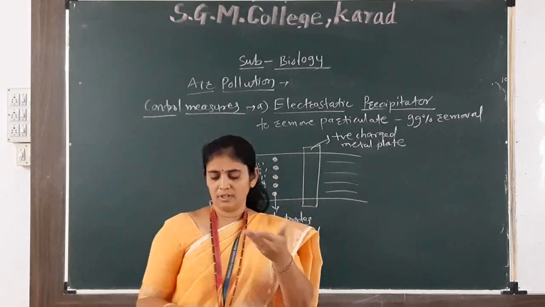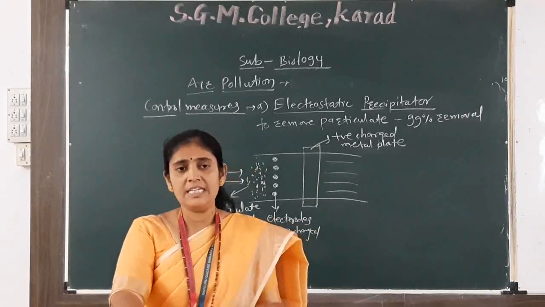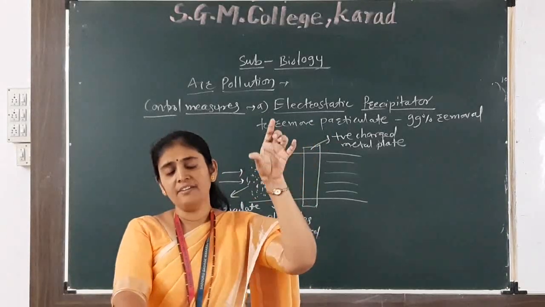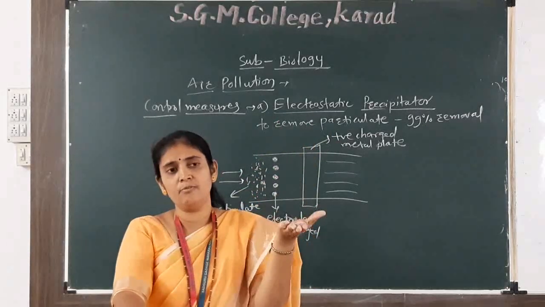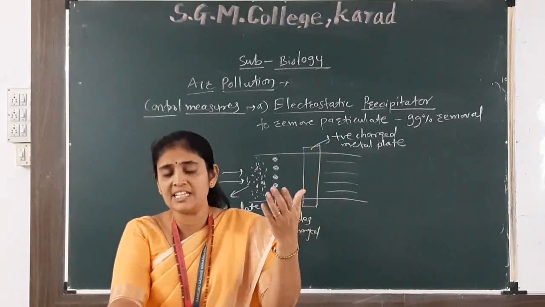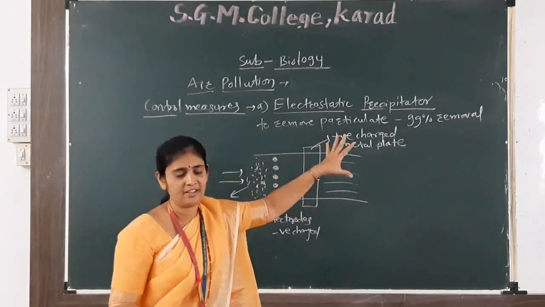When a factory or any industry or mill is releasing particulate matter in the air, at that site from where the particulate matter is releasing, we have to use this electrostatic precipitator.